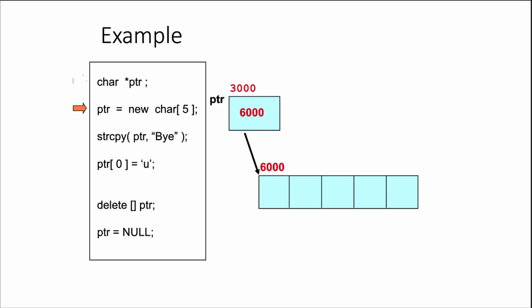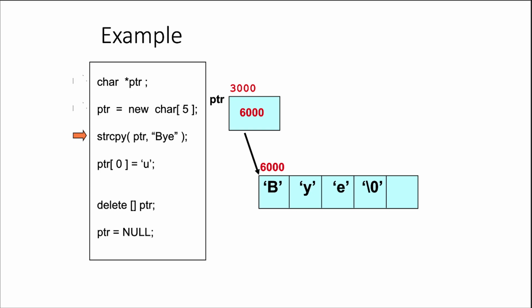Look at that. Then strcpy of PTR, comma, BYE. What you're trying to do is copy BYE into the location PTR points to. So BYE came into this particular memory allocation.